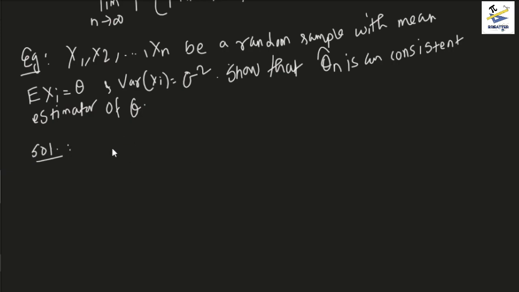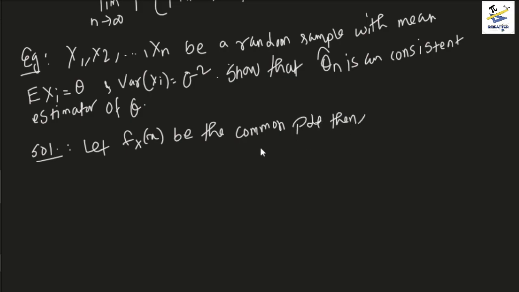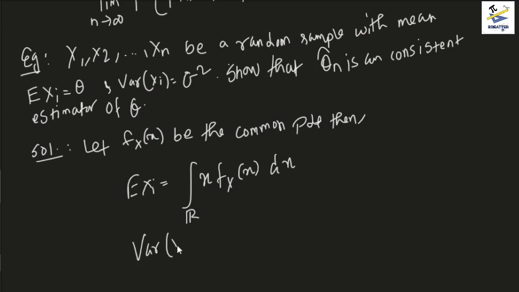And obviously we first go to the integral definitions of this. Let f_X(x) be the common PDF. Then E of Xi is simply the integral of x f(x) dx, while variance of Xi is the integral of (x minus E Xi) squared f(x) dx.